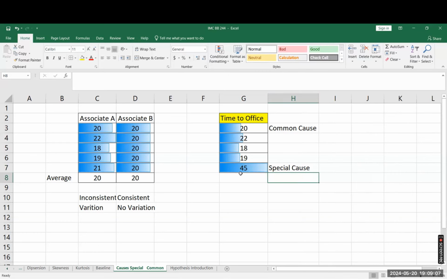If on a particular day you are taking around 45 minutes, then probably maybe you are driving your own vehicle and there was a flat tire. Maybe there was a breakdown. Maybe there was a route diversion.